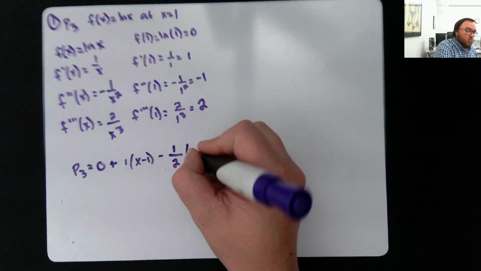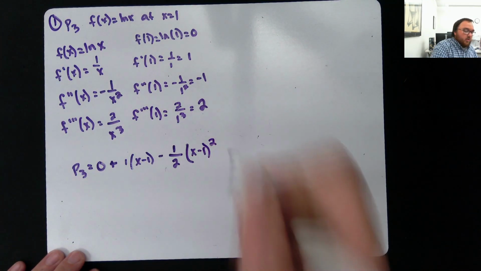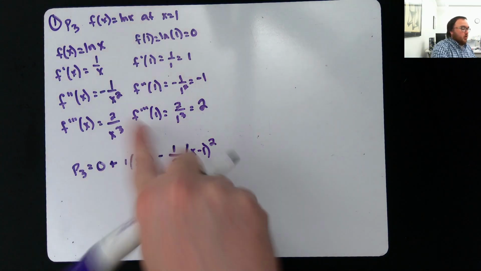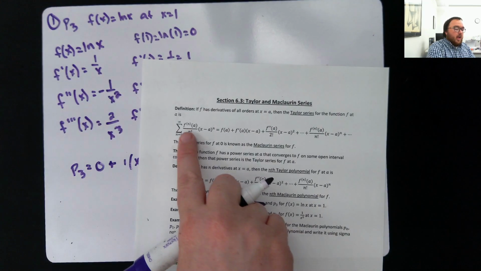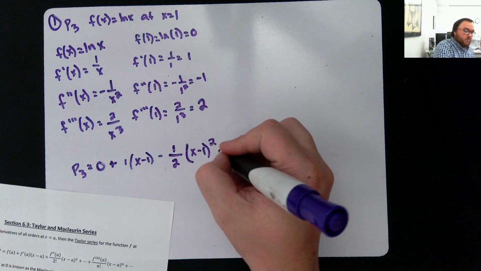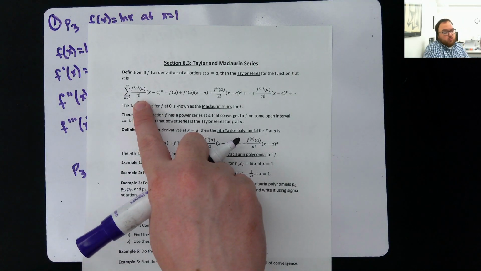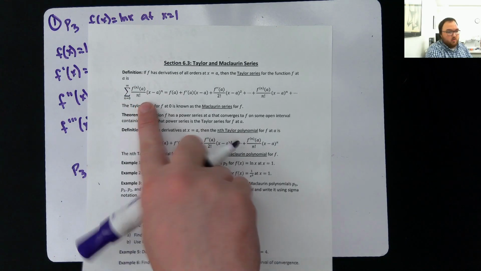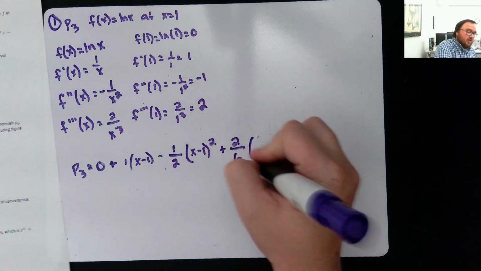So x minus 1 squared. Then do the next term, which is my third term right here. F triple prime of a, which we said was 2, over 3 factorial, which is 3 times 2 times 1, which is 6, times x minus 1 cubed.